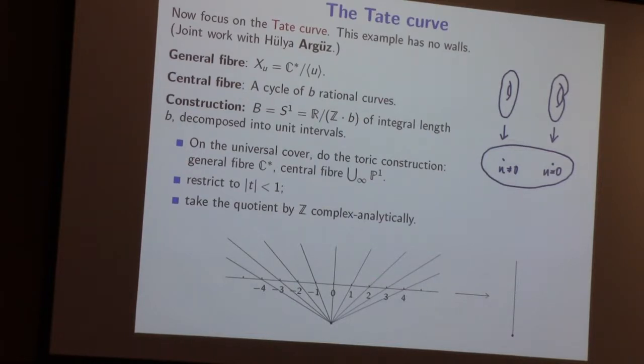It's a trivial product of C star with C star, and then you fill in a central fiber, the infinite log of C star plus C, that gives an infinite chain of P1s. And that works algebraic geometrically, over the whole complex line. But then to take the quotient by Z, you have to restrict to absolute value of u less than 1, and that quotient only works complex analytically, and that's how you arrive at this thing. So that's a Tate curve.